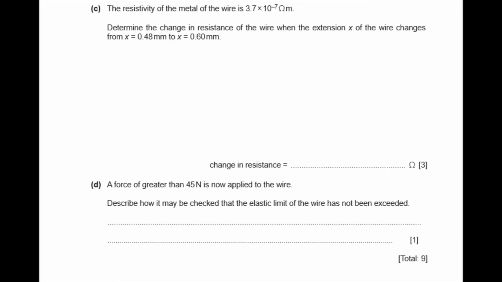Okay, now we have to determine the change in resistance. So the formula, resistance equal to resistivity times length divided by area. But because you want to calculate the change in resistance, you must calculate the change in extension, or change in length, divided by area.